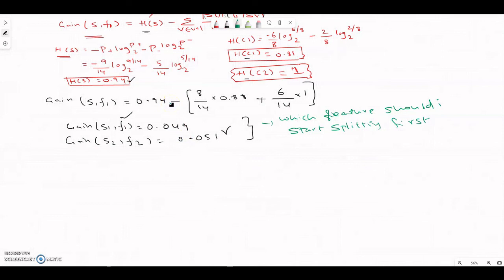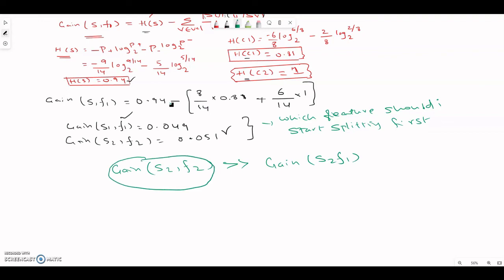Here the gain of feature 2 is more than the gain of feature 1, so definitely we are going to use feature F2 for splitting. So this is the method for selecting the features.